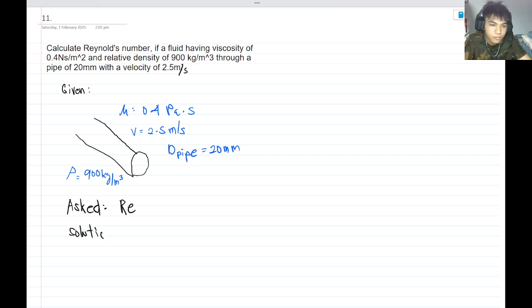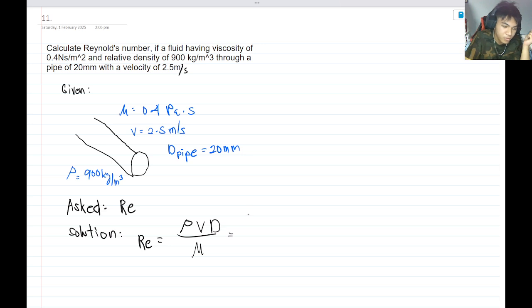Okay, let's solve. So, Reynolds number is equal to the density multiplied by the velocity times D over mu. And then just direct sub.